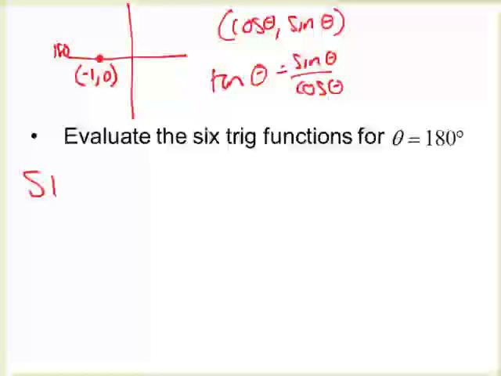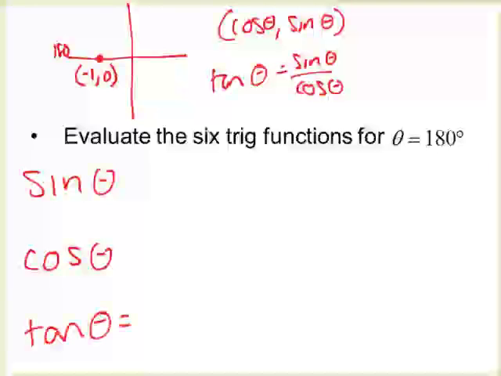So our 3 trig functions, sine, cosine, and tangent, are given by that point on the 180 line. Alphabetically, the first part of the point is cosine. So that means cosine is equal to negative 1.